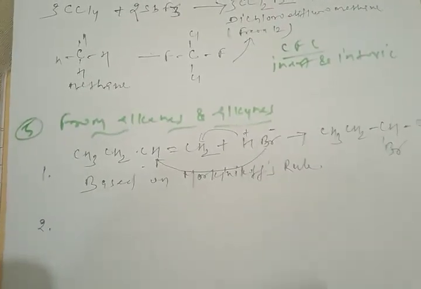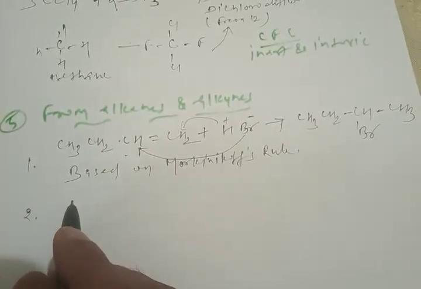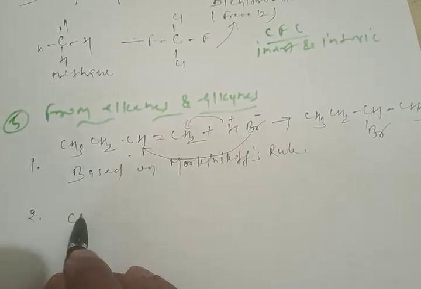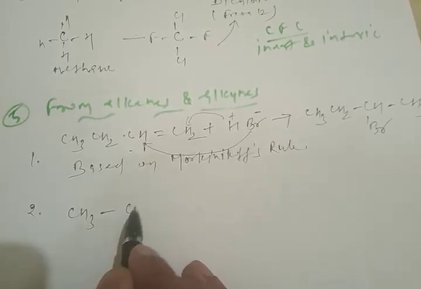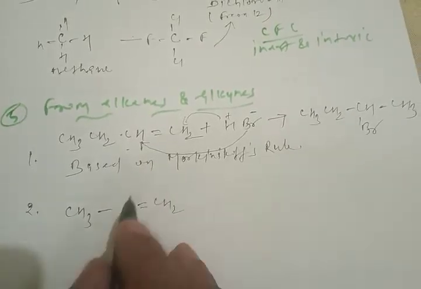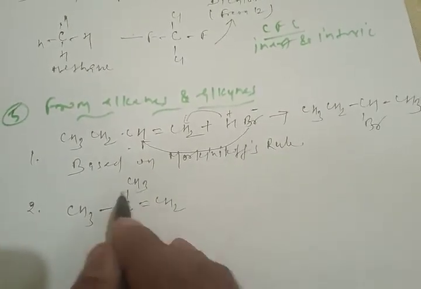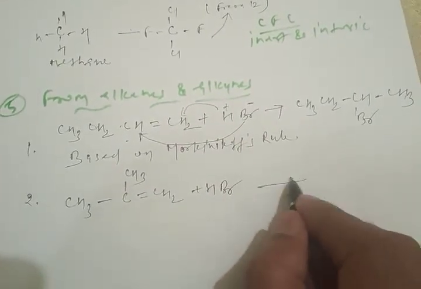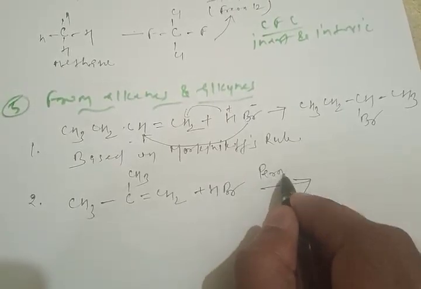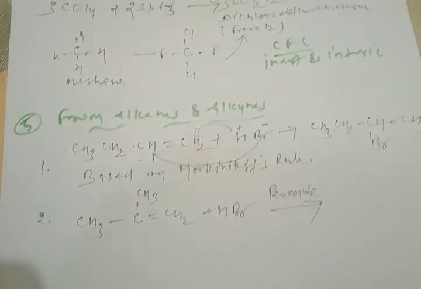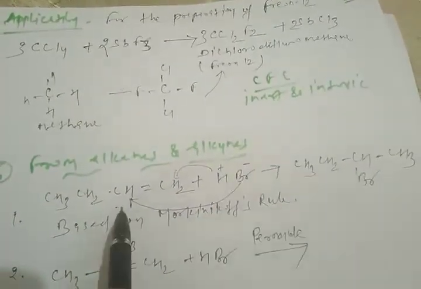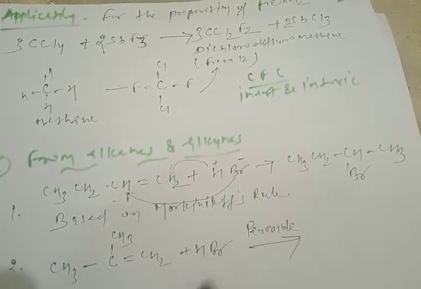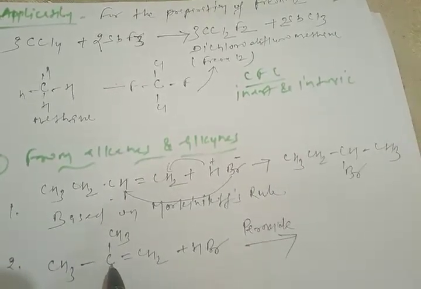In the same pattern, if we have peroxide, then the pattern will change. It will follow the anti-Markovnikov rule. Okay, so if we have CH3, C double bond CH2 and CH3, and again we have HBr with peroxide. Here we have peroxide. So now what will change? Before, the negative part went to the side with the least number of hydrogen. Here the negative side will go to the part where we have the maximum number of hydrogen.